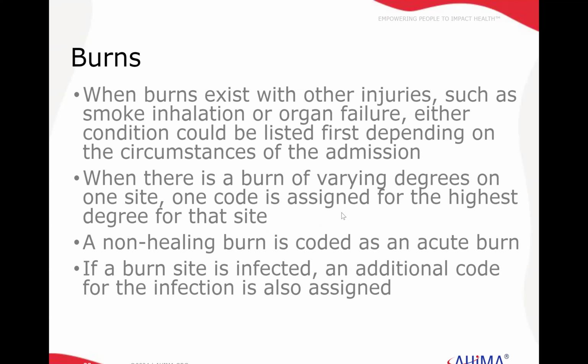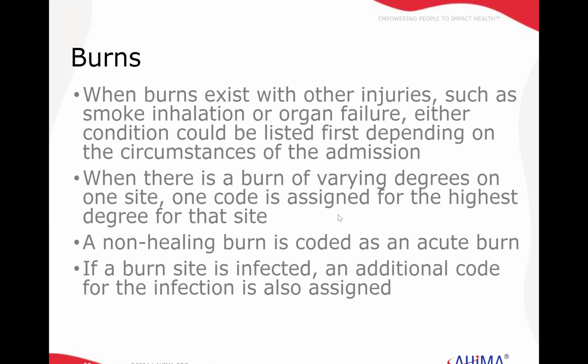If a burn exists with other injuries, such as smoke inhalation, extremely common, or organ failure, either condition is listed first, depending on the circumstances of admission. If somebody's brought in and admitted, and the reason for admission after study is smoke inhalation, that would be the first code.